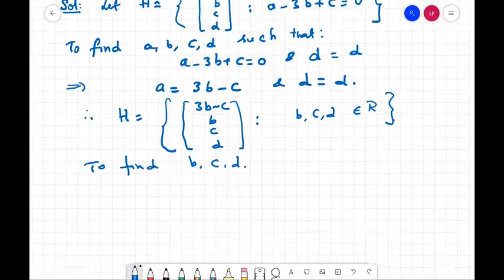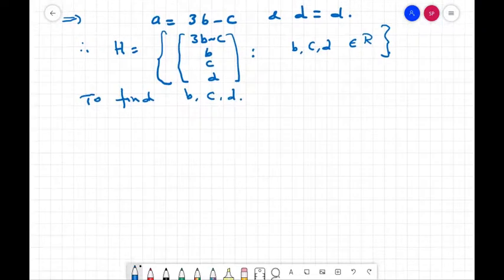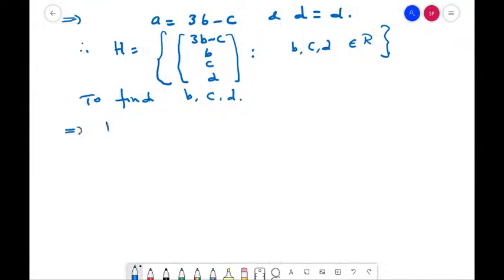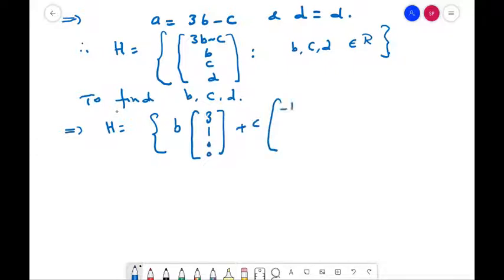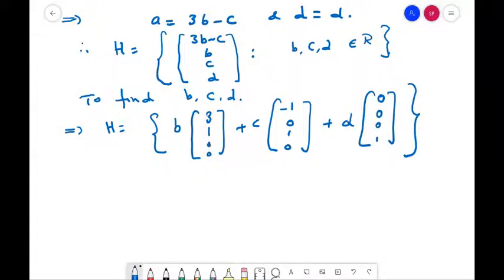So let us write this H as then. How many parameters? I have 3 parameters B, C, D. So if I take B times (3, 1, 0, 0) plus C times (minus 1, 0, 1, 0) plus D times (0, 0, 0, 1), such that A, B, C, D belong to R. What do you mean by this?